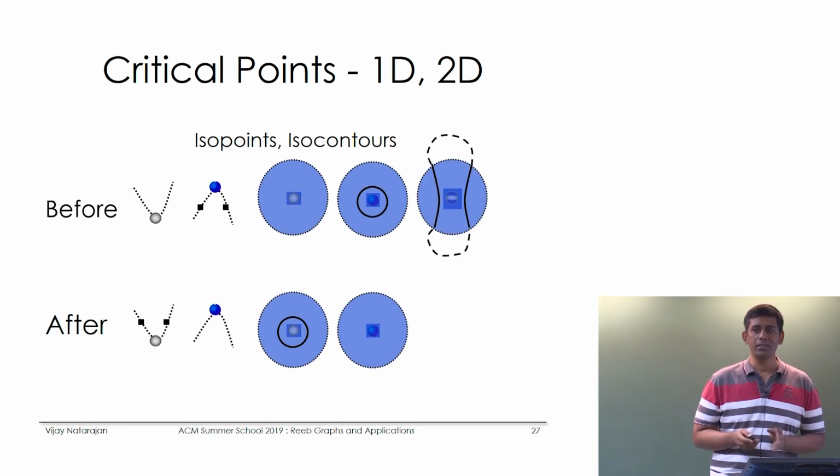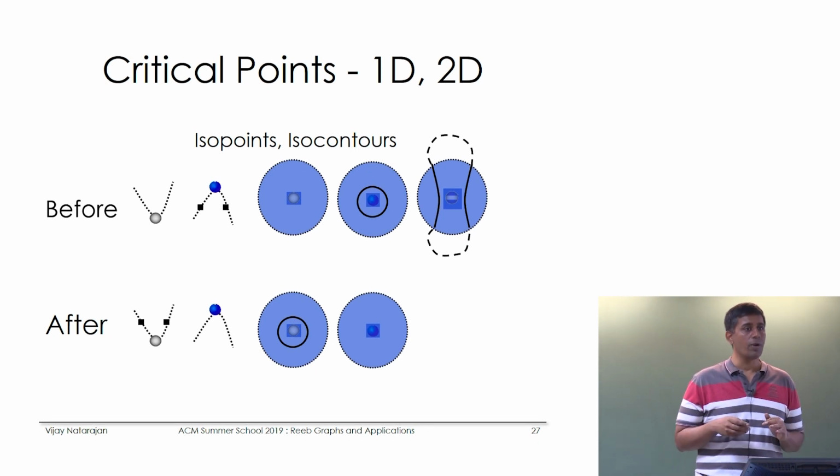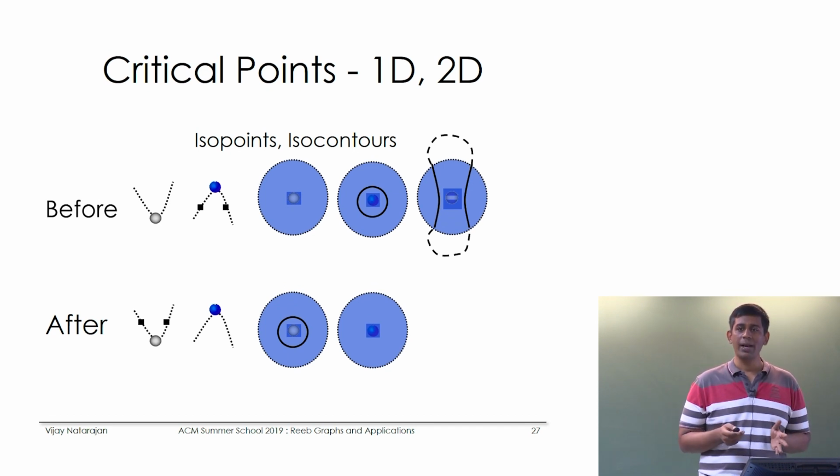How about the saddle? Things get interesting now. As you go through the saddle, let us assume that before there were two components. Remember the blue circular region is a local neighborhood, and the solid line is the iso contour within that local neighborhood. So before you hit the saddle, you have two components.